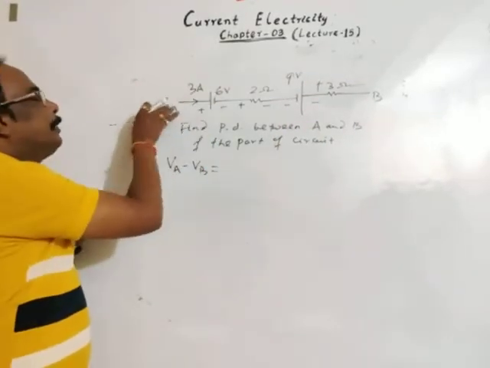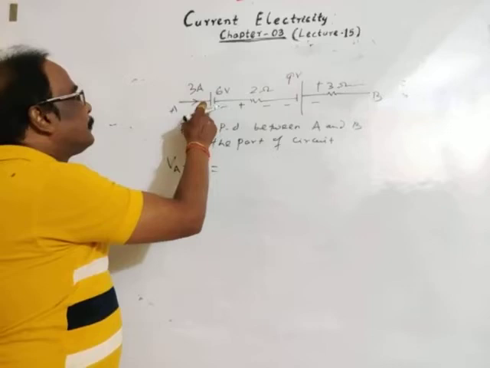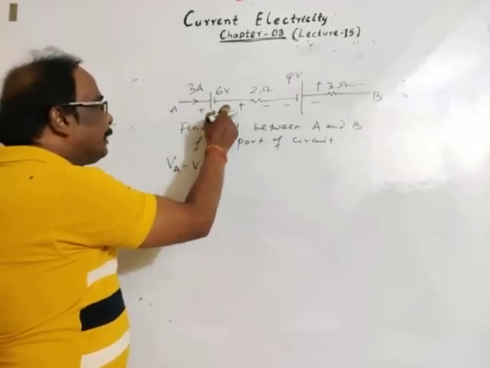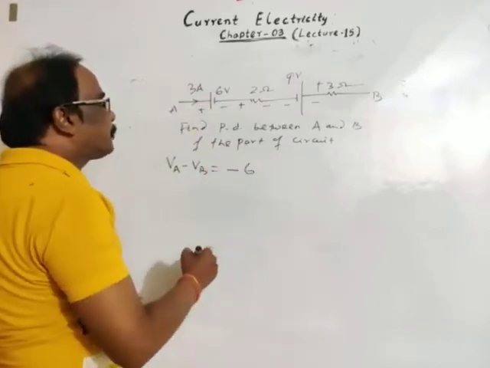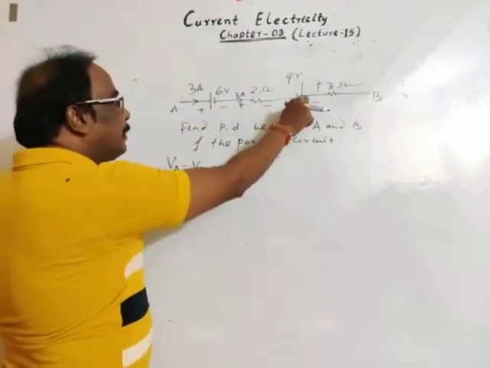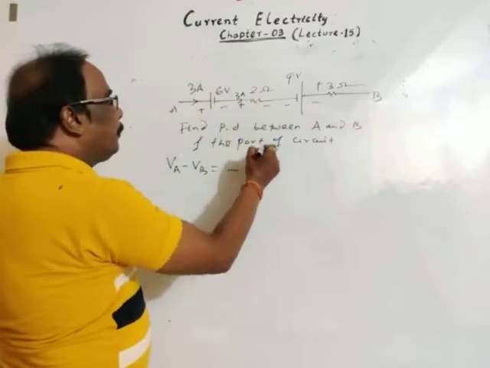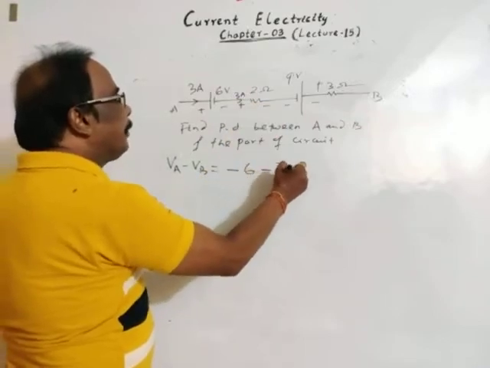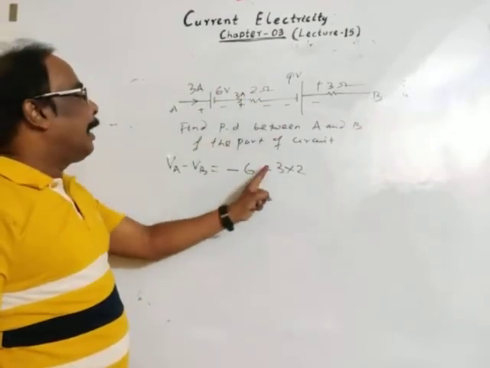First we go across the cell from positive to negative, high potential to low potential, minus 6 volt. Then current is 3 ampere. Our path is from A to B, again from high to low, minus 3 ampere into 2 ohm, minus IR.